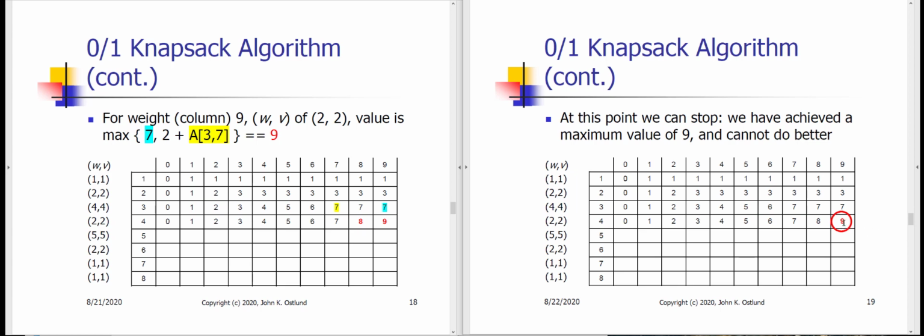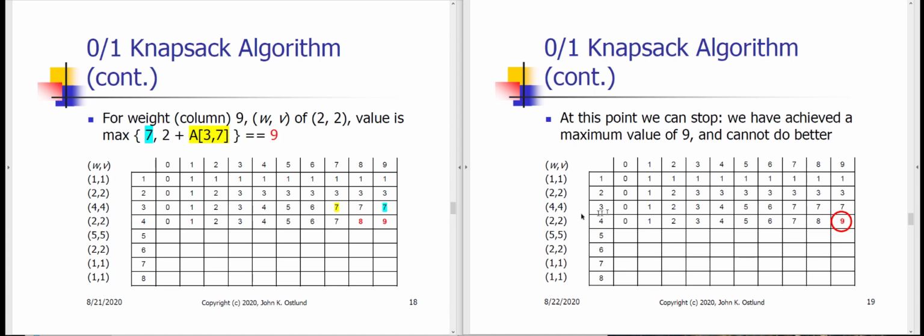And achieving a value of 9 was our goal. No matter what's going on with the remaining values in our multiset of values, we're never going to be able to do a value greater than 9 for a weight of 9.